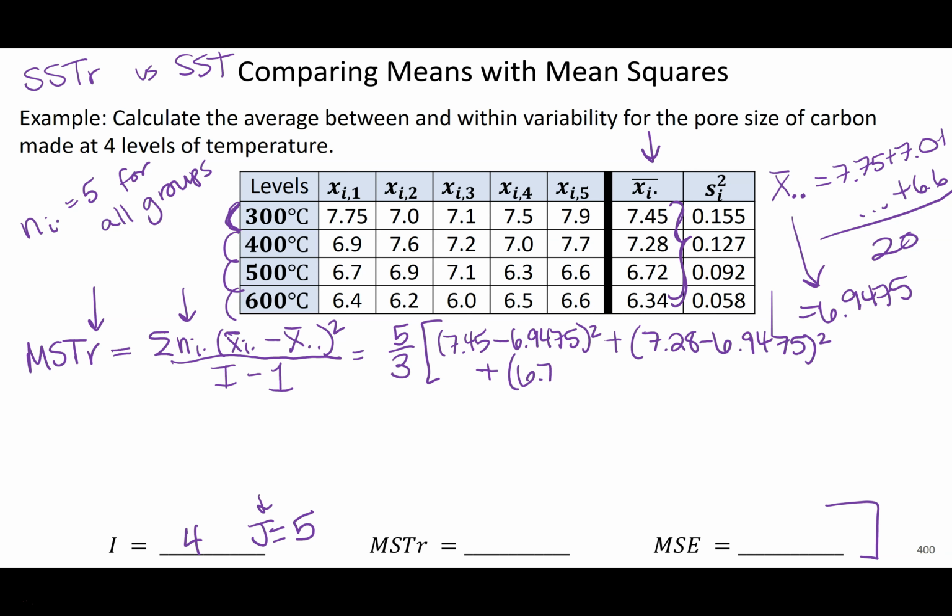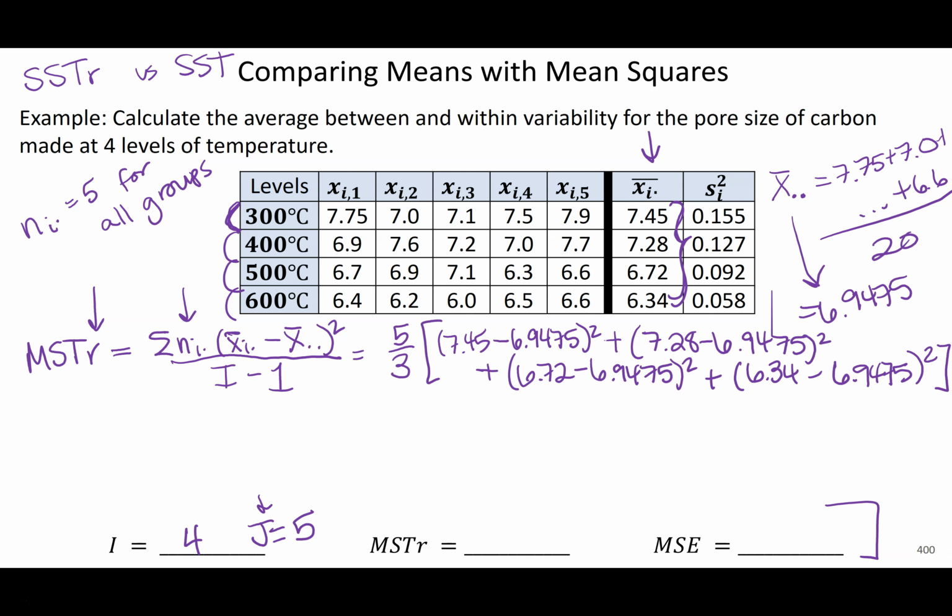We encourage it. Minus 6.9475 squared plus 6.34 minus. There we go. So I would go ahead, 5/3 multiply by all of that.